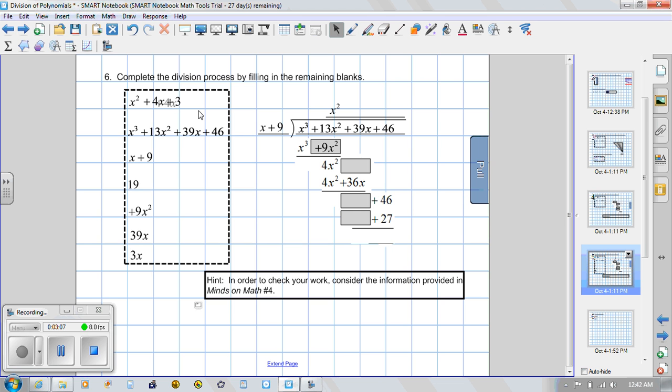So I'm just going to drag that 4x term into place. Now, just like we had done previously, we're going to expand and multiply the divisor by positive 4x. So x multiplied by 4x would give us 4x squared. Distributing the 9 over that 4x would give us 36x.